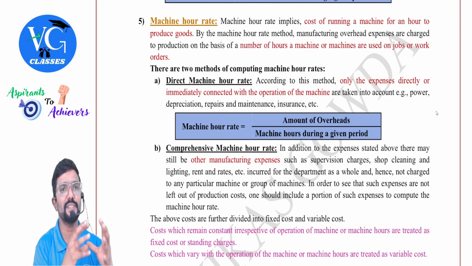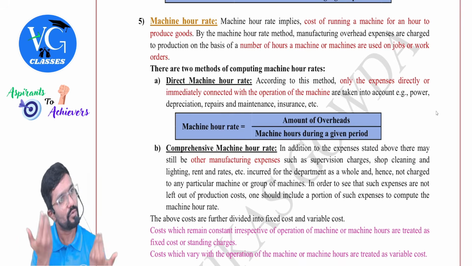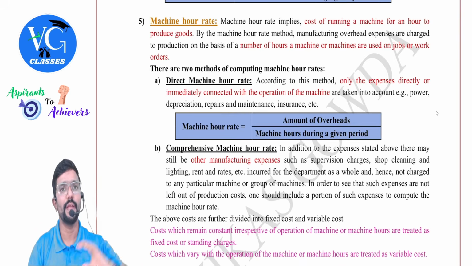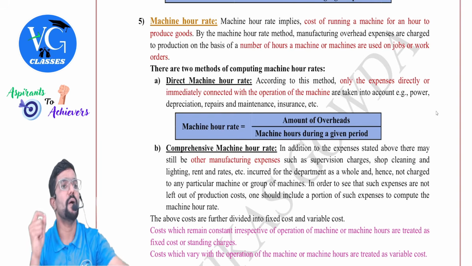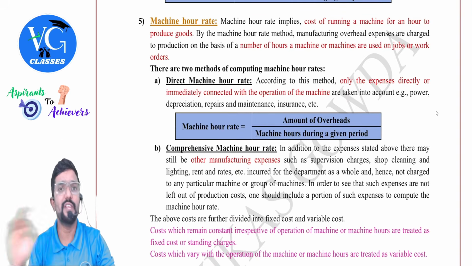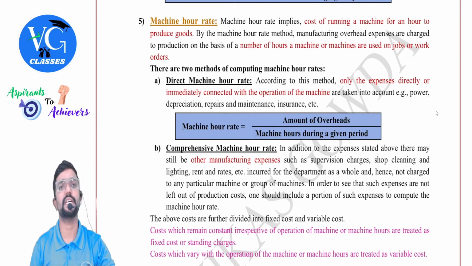But there might be some expenses which are directly attributable to the machine, some indirectly. Will we take both? Yes. We will take the overhead expenditure divided by machine hours. What do we get, sir? Machine hour rate, which in simple terms means the cost we incur to run a machine for 1 hour.